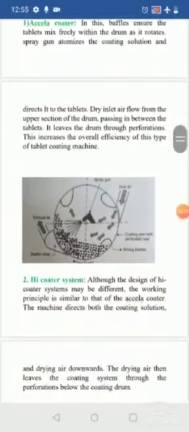Here you can see that in the middle it contains the spray gun that sprays the coating solution. On the top one air inlet is there, from which the hot air is inserted, and it contains the perforations from which the air is exhausted.